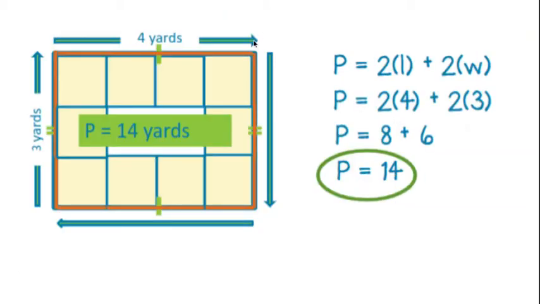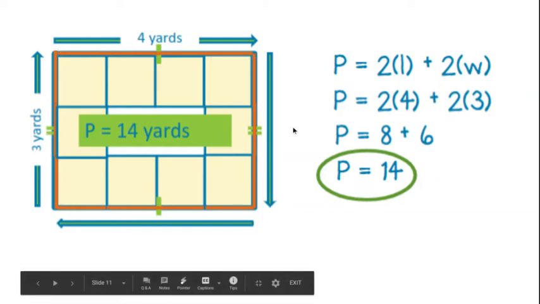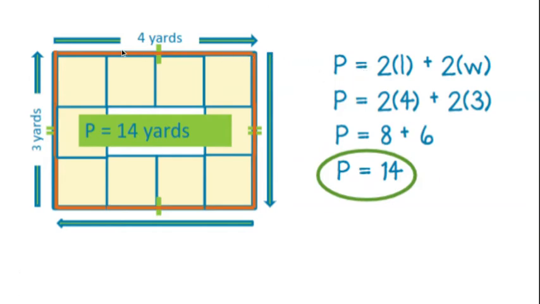Okay, let's take a look at this shape. If I have this shape here, it's a square, and this top side is 4 yards. Well, it's not really a square, it looks like a rectangle. 4 yards on top, 3 yards on the side. So I know that the formula for perimeter is 2 times the length plus 2 times the width.